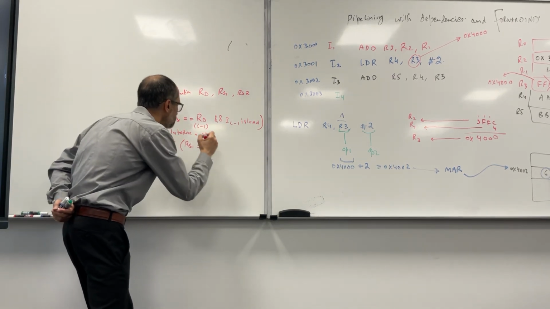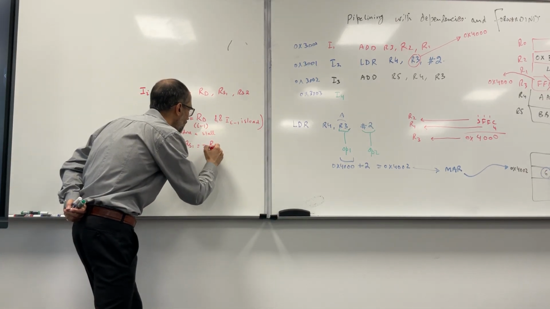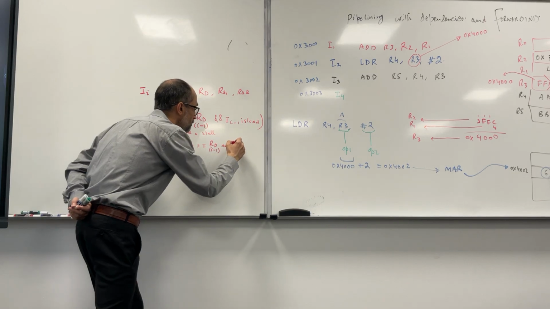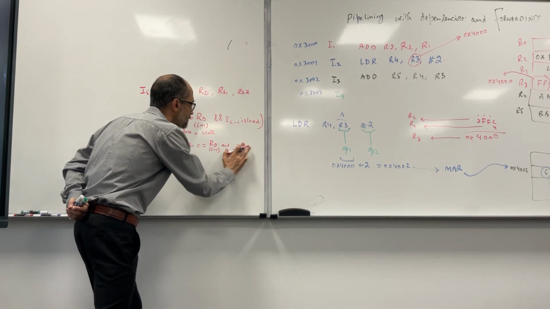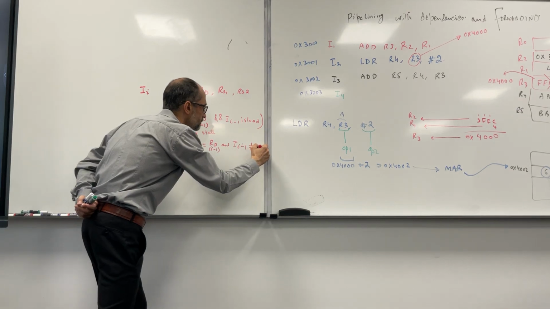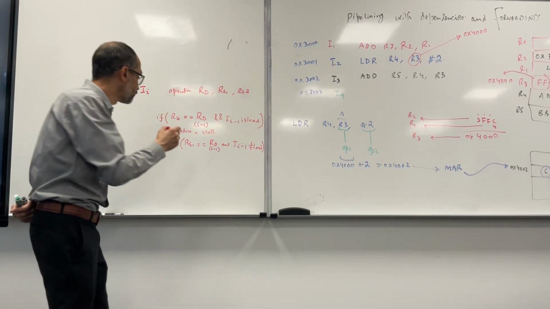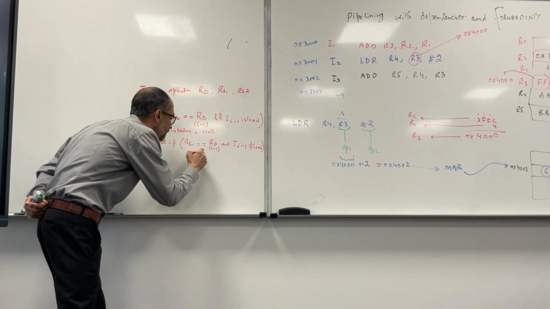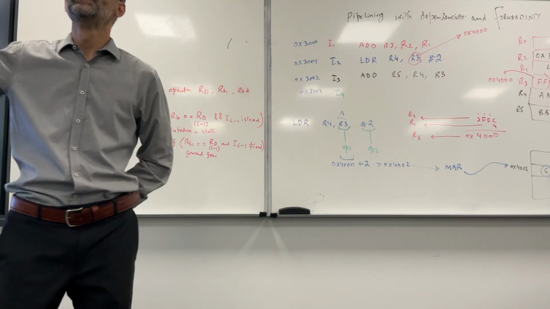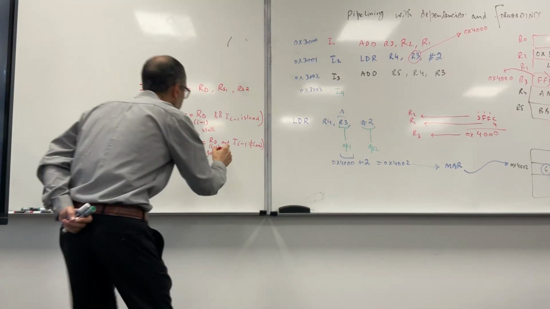RS1 is equal to RD of I-1, and it is not a load instruction, and I-1 is not a load instruction. Then what do we need to do? Forward from where? Help me. Forward from ALU out 1. Forward from ALU out 1.